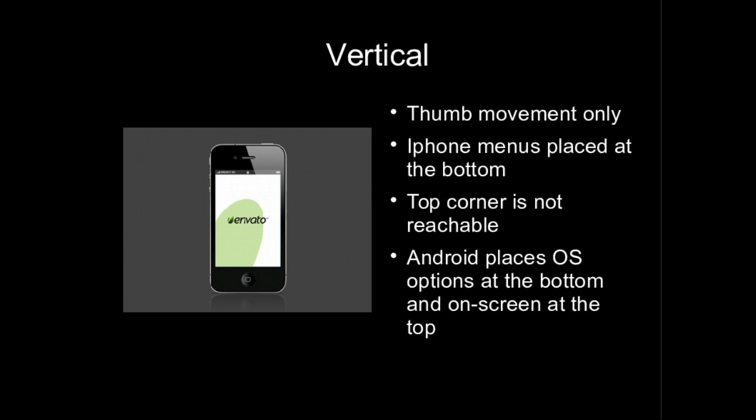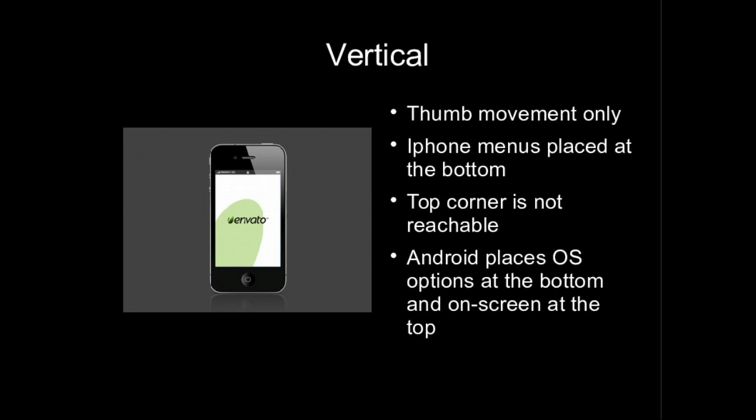Let us now consider a few points as far as mobile phones are concerned, and how Fitts law or the steering law can be applied to them. Mobile phones can be held in different ways. One way is vertical, another way is horizontal, or we can use it as a tablet or in a docked position.